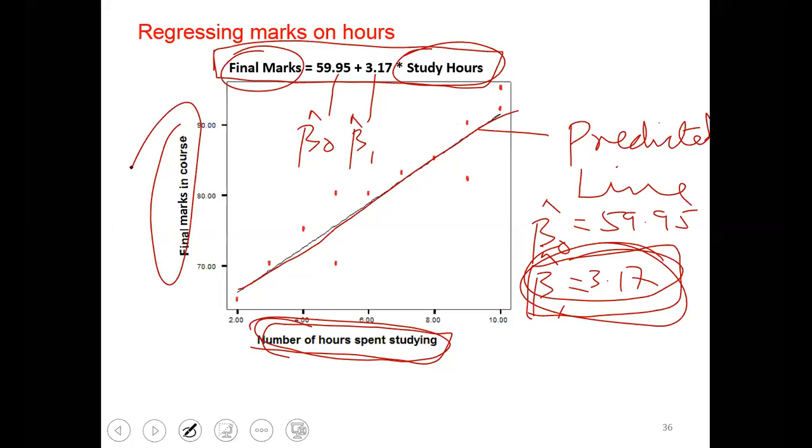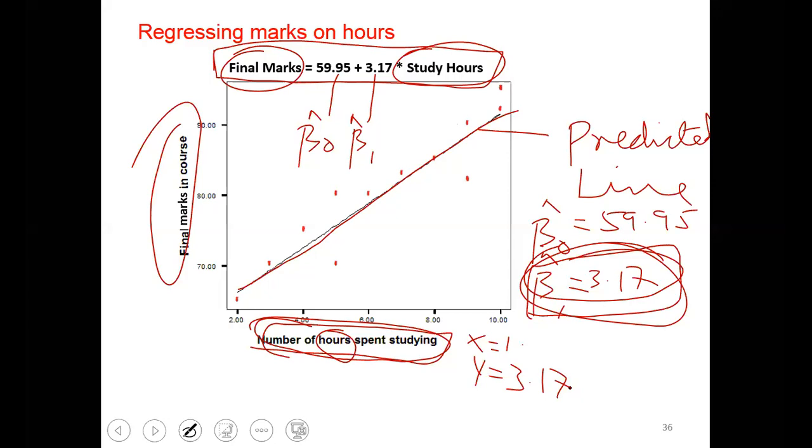Yes. If you study 1 hour, this is in hours, right? Number of hours. If you study by 1 hour, you can increase your marks by 3.17.